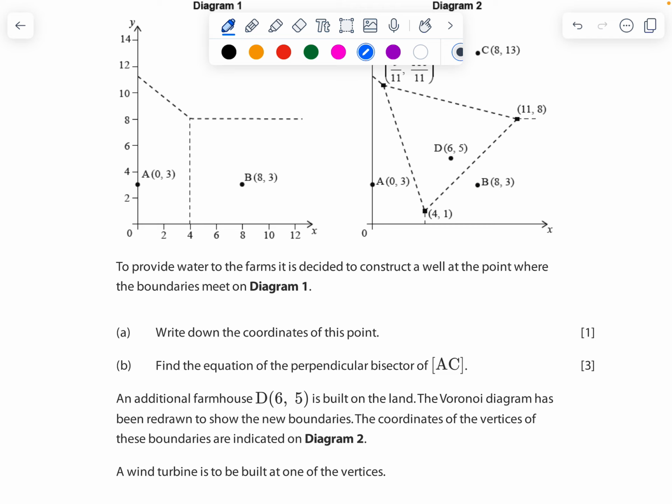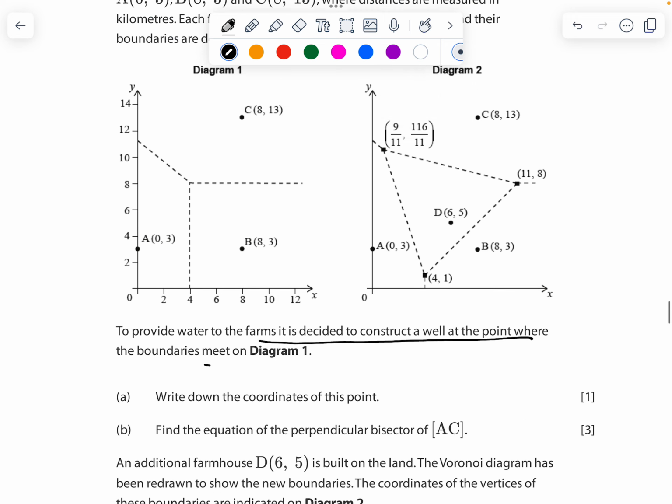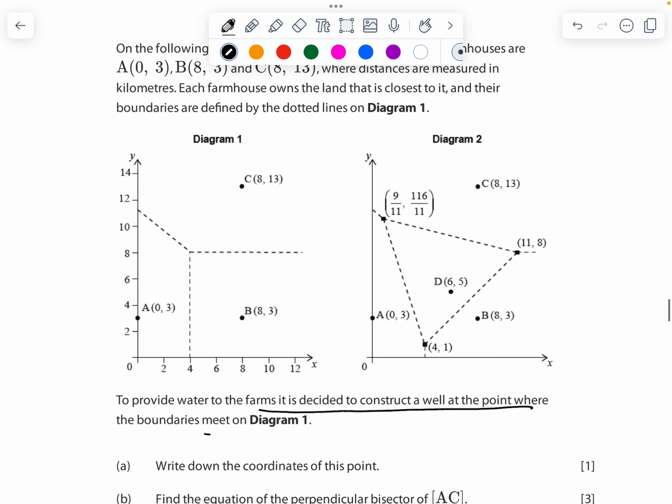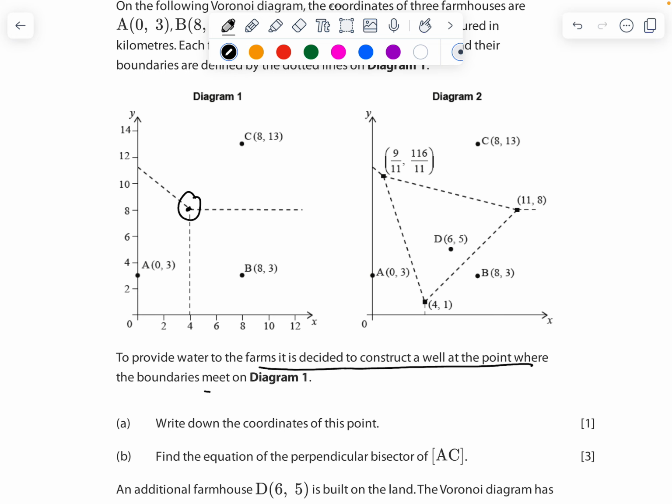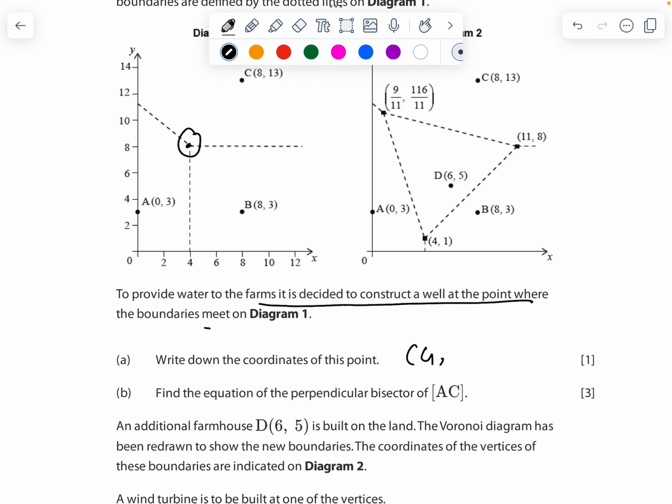To provide water to the farms, it is decided to construct a well at the point where all the boundaries meet. Now where do they meet? Over here at (4, 8).